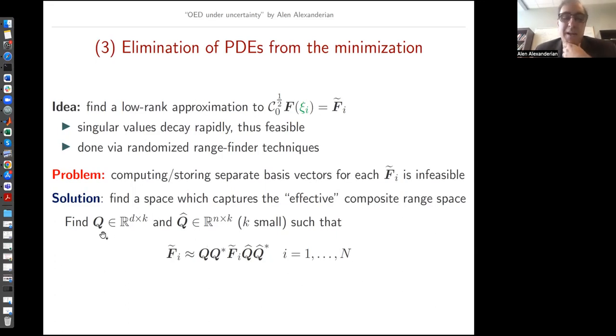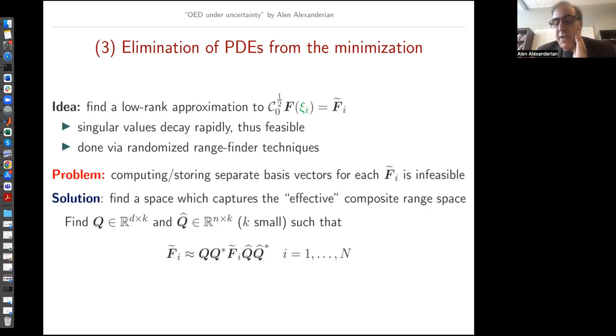You have these matrices Q and Q hat, which have orthonormal columns, and you consider this type of approximation. We will just calculate this approximation, and then we can use it in place of the F tilde i's during the optimization.